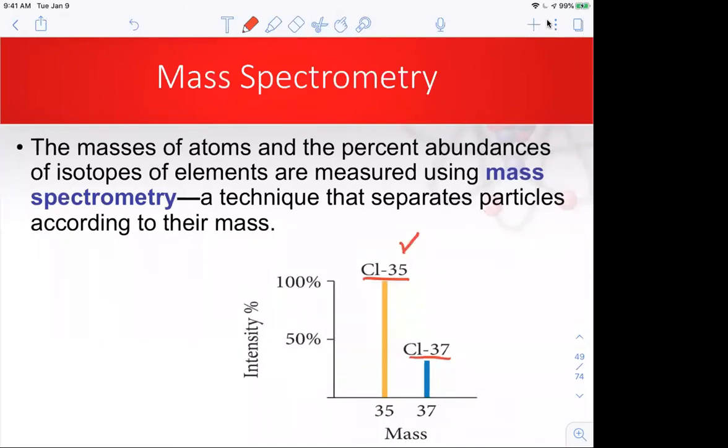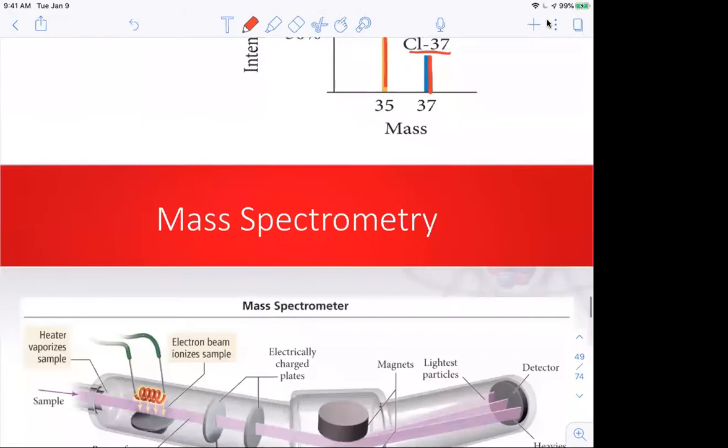The most predominant isotope is chlorine-35, and it's in a ratio of about 3 to 1. If I could measure this and then measure this, add them together, I would take the measurement of this divided by the total, and I could get the percentage of the isotope.